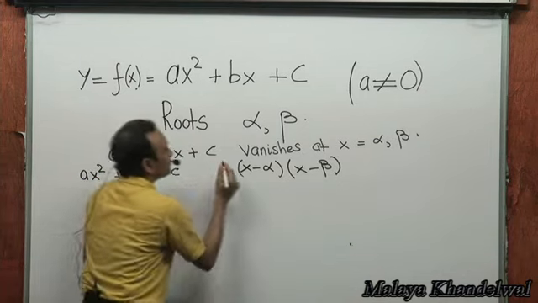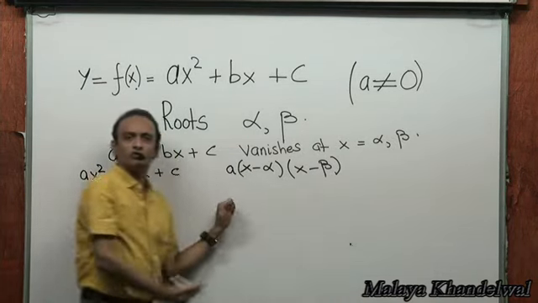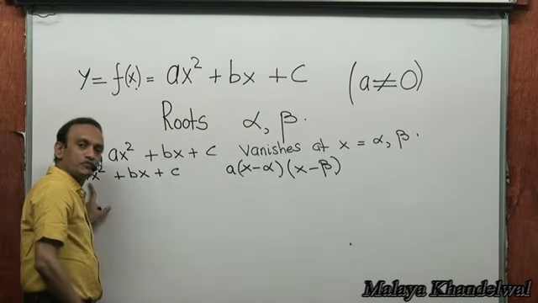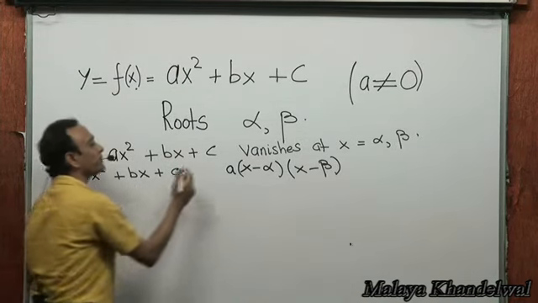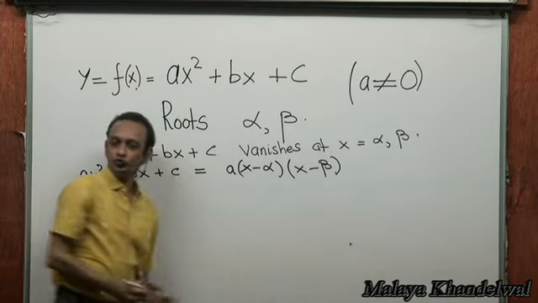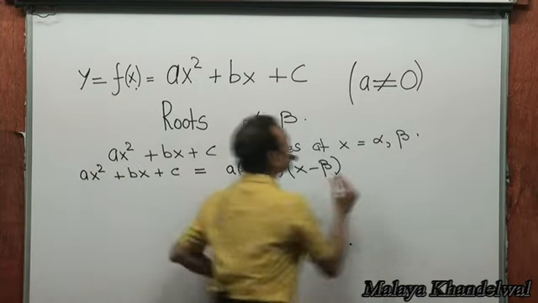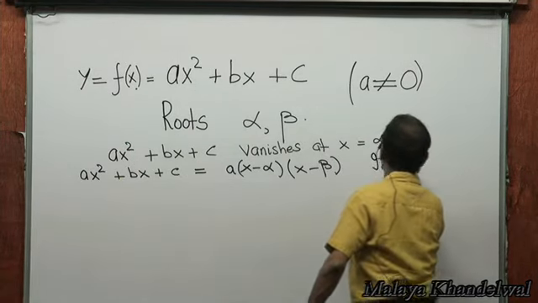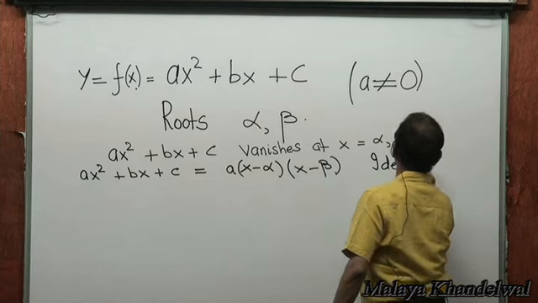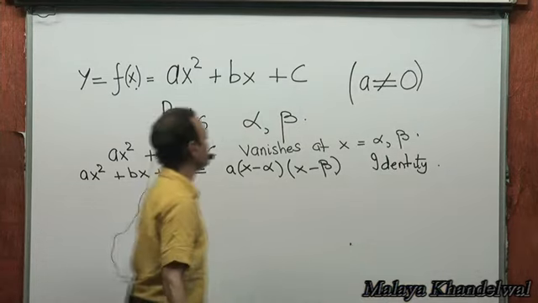So we multiply the right hand side with a. Now the coefficient of x squared on the right hand side is a, and the coefficient of x squared on the left hand side is also a, and this could be written as identically equal to this. Now we have produced an identity. This is an identity true for all values of x, right?